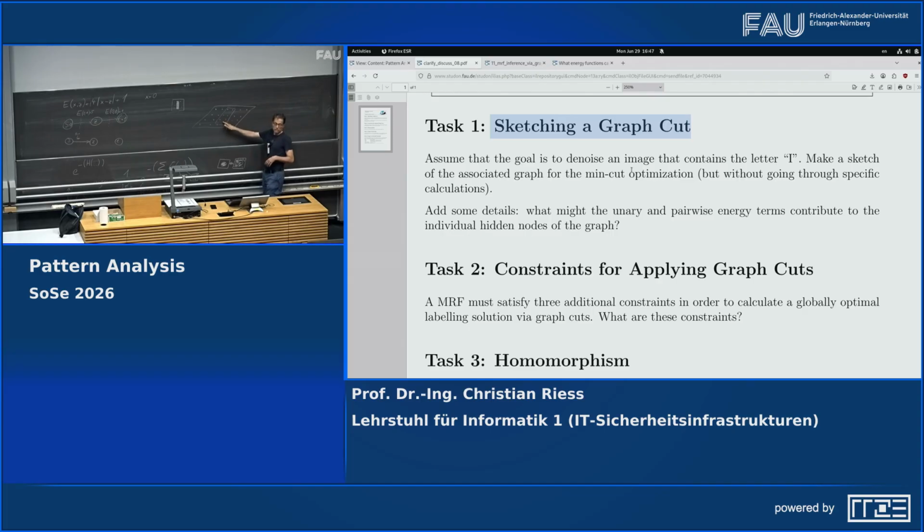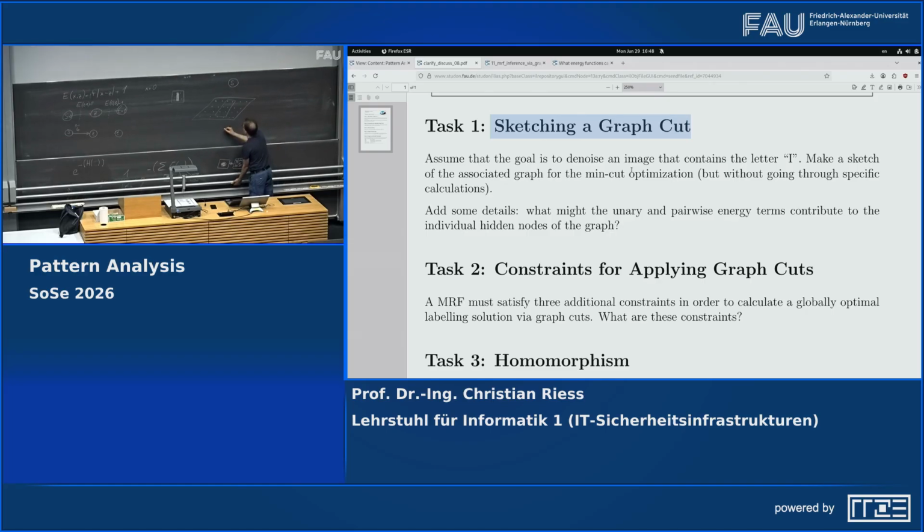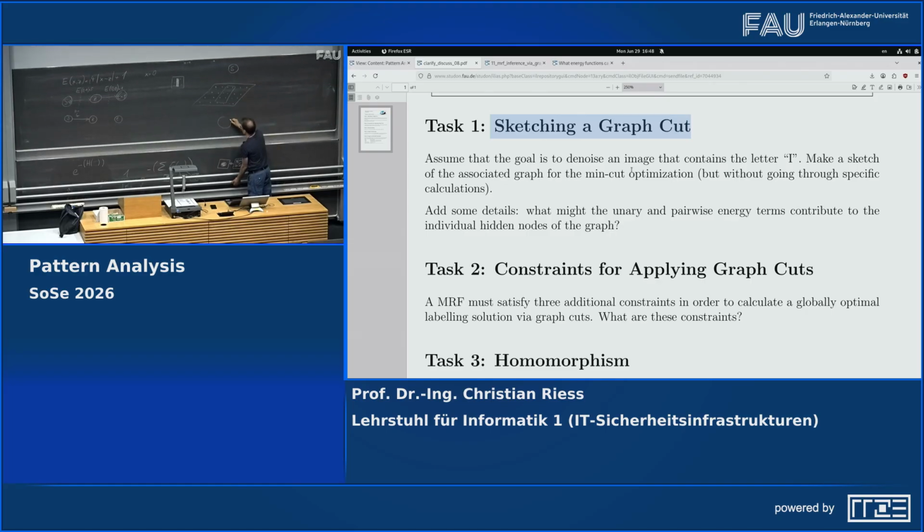So these are supposedly black. So this is the eye here, and this is the background. So if this is our source, and this is the sink.